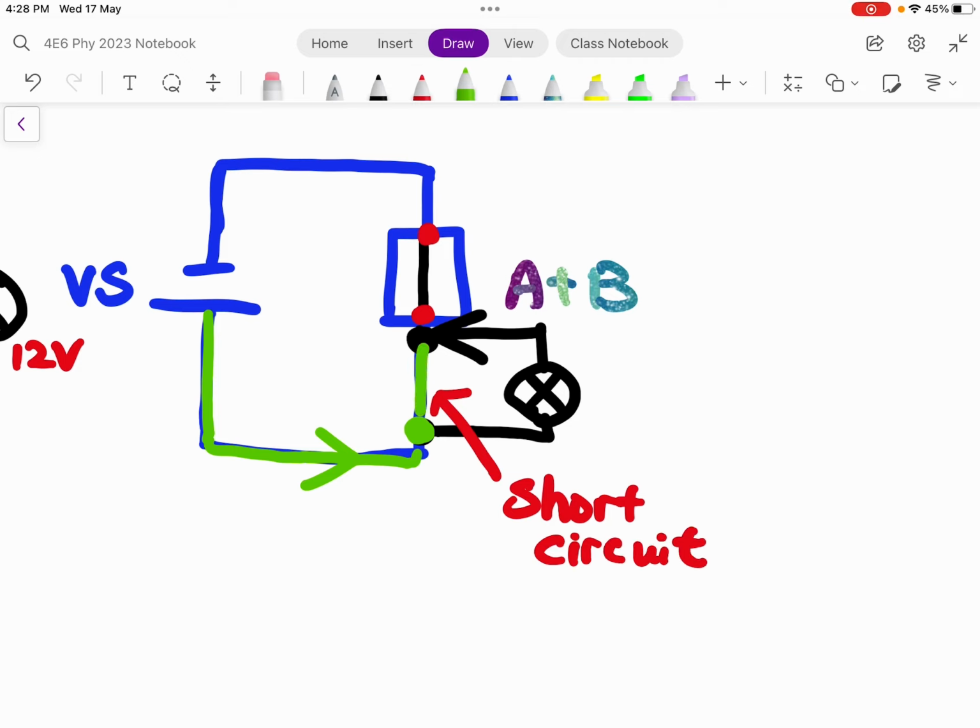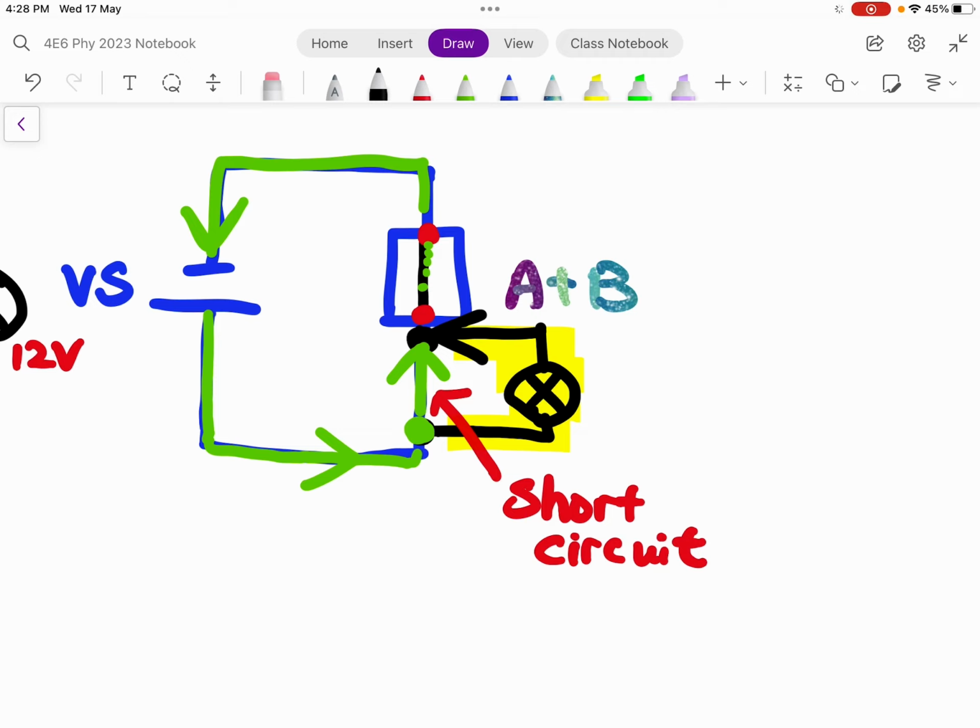The current will just take this path, go through this resistance wire and come back here. To the circuit, this entire light bulb no longer exists, right? Because you have short circuited. Will the circuit overheat? No, it won't overheat, right? Why won't it overheat? You say short circuit always overheats.